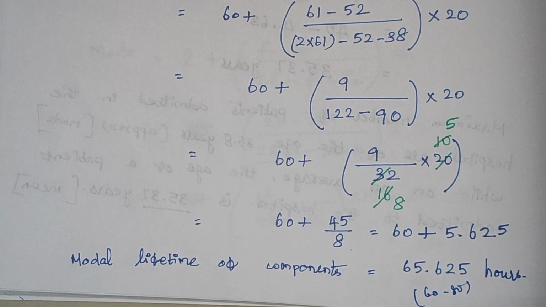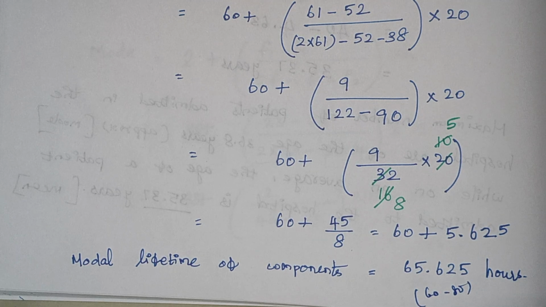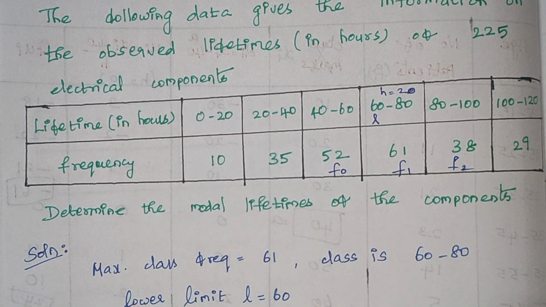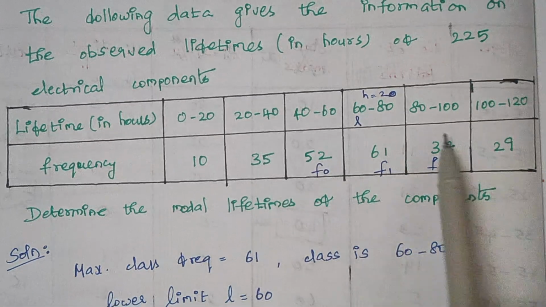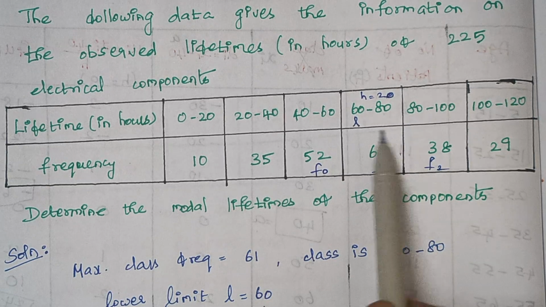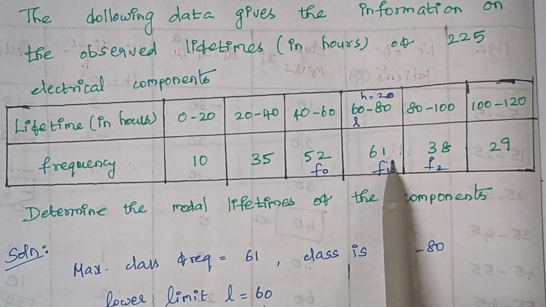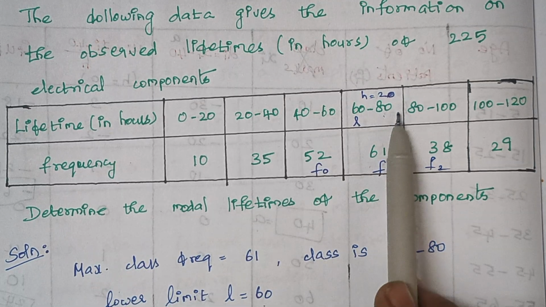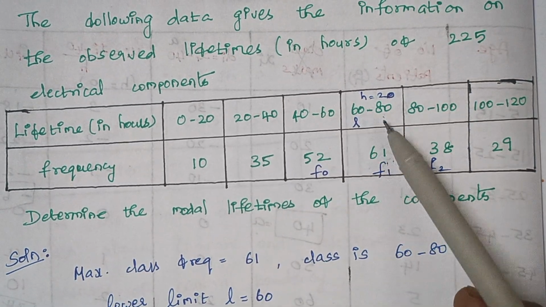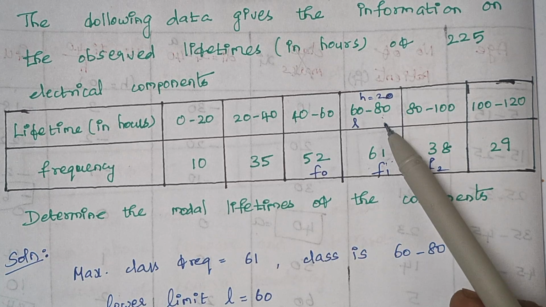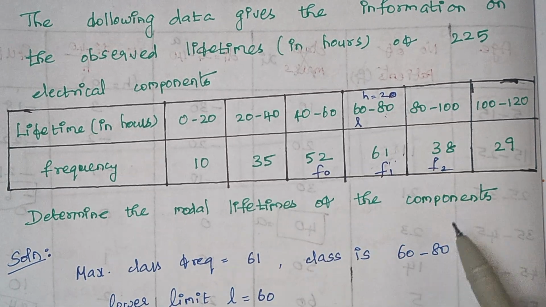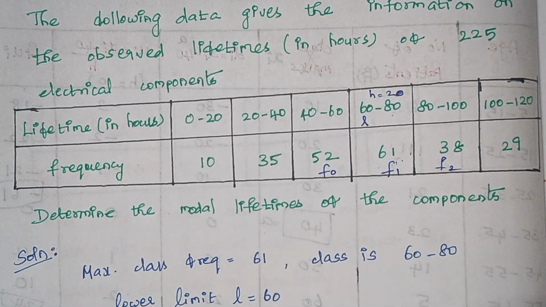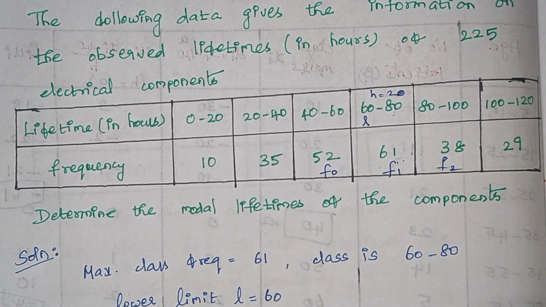So you can easily check whether the answer is right or not. Just have a look at this table. You see the maximum frequency is 61 and the respective class is 60 to 80. Again here our answer lies between 60 to 80 hours. Yes or no? Here our answer is 65.625. So 65 lies between 60 to 80. Right. So you can have a check like this.